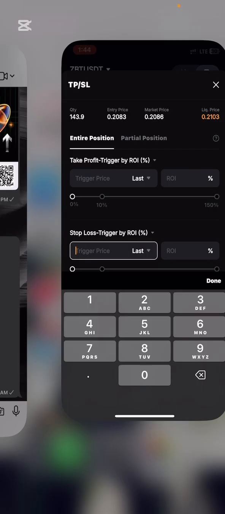I've set up the stop loss. See, now we'll be setting up the take profit. You can see the target one, which I'm setting up right now. 100. Done.